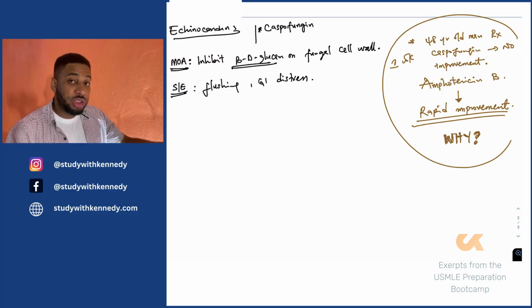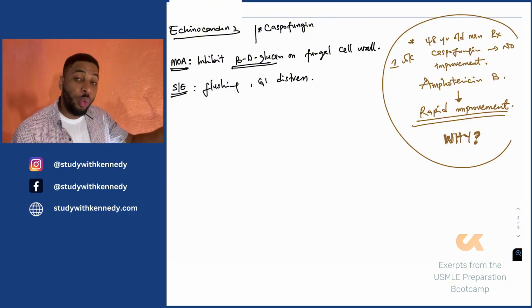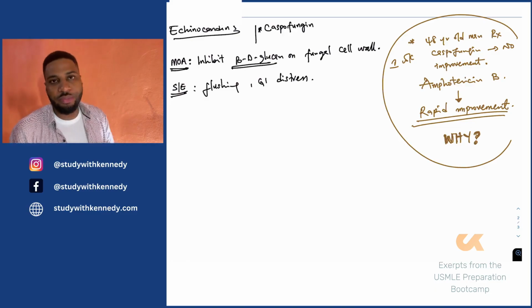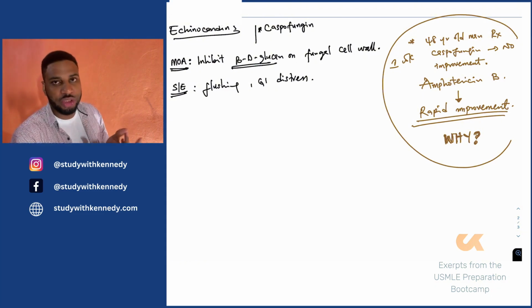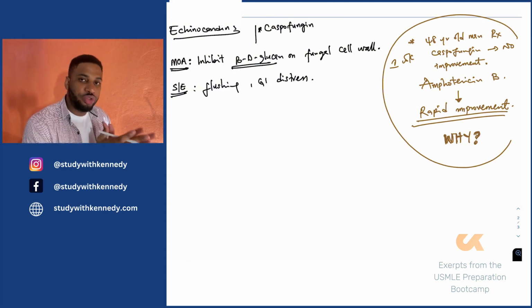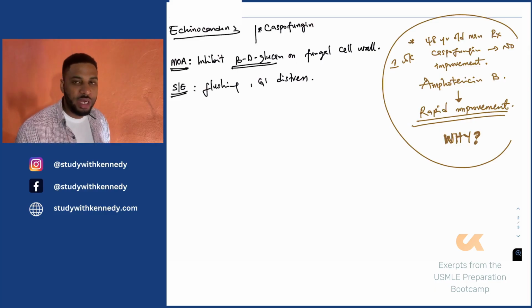The caspofungin destroyed the cell wall of the fungi. So it was easier for Amphotericin B to get to the cell membrane, making Amphotericin B more efficacious. Because you've been treating the patient with caspofungin for a week, caspofungin has destroyed the cell wall of the fungi, right?